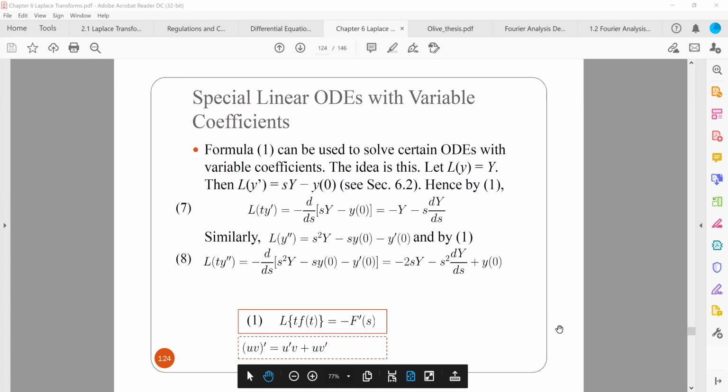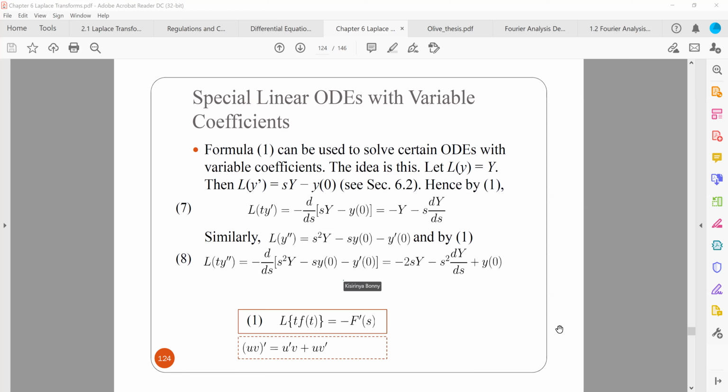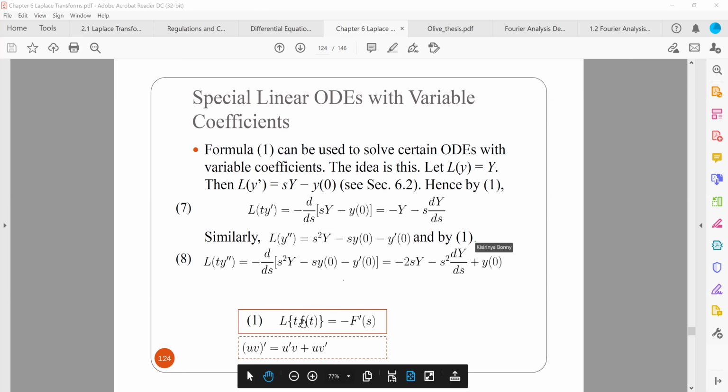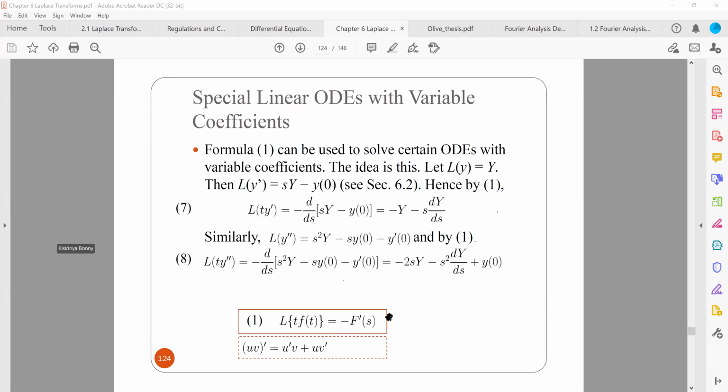So that formula that we have, the one for differentiation, this one, can be used to solve certain types of ordinary differential equations with variable coefficients.